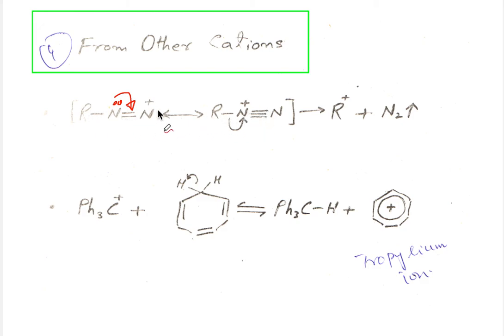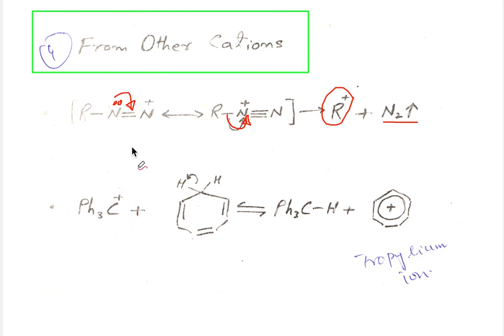Both are the same, but the resonating structures are different from each other. Both nitrogens are connected by a triple bond. By withdrawing covalent electrons with the alkyl group, they can release nitrogen gas along with the formation of a carbocation. The variety of R group depends on your target.